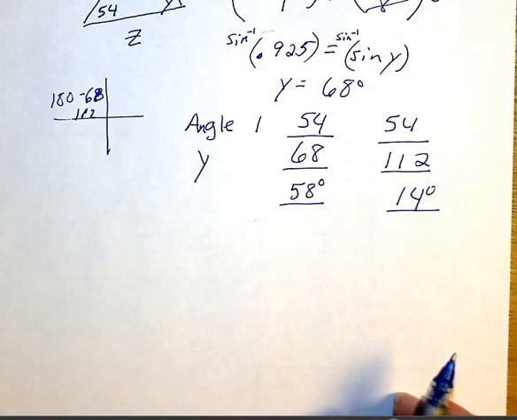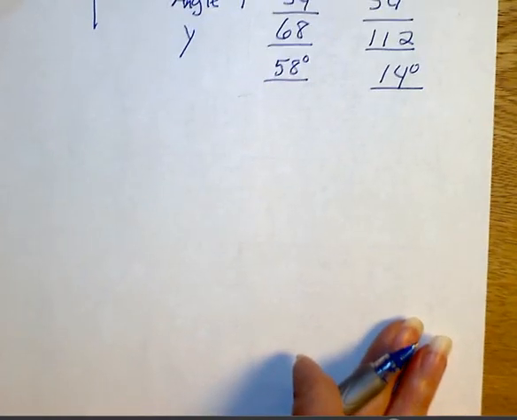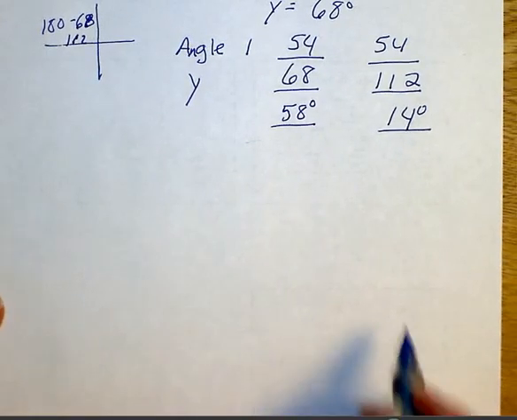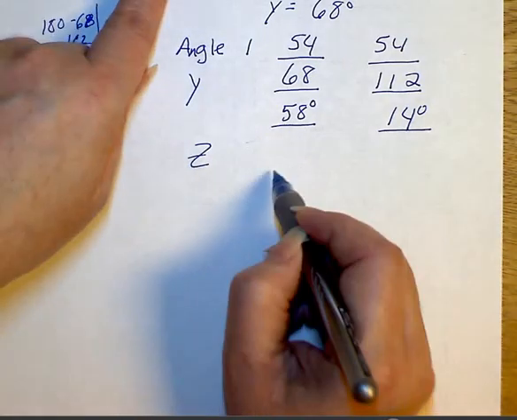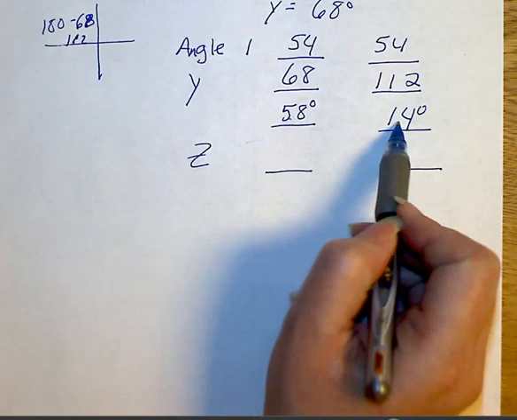Now, you do not have to do this, but to help you out, I would recommend you redraw the triangles because we still have to find Z. We have to find side Z for this one and this one. These are the answers so far.